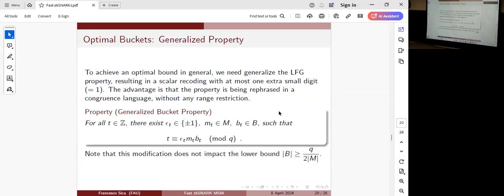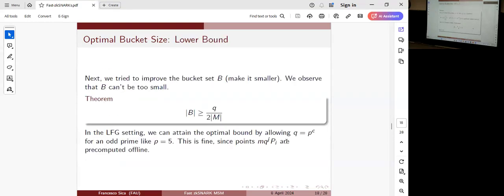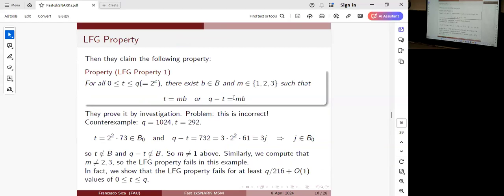So how can we do better? Well, in general, let's look a bit at the property here. This property says that T is MB, or we can write T is Q minus MB.